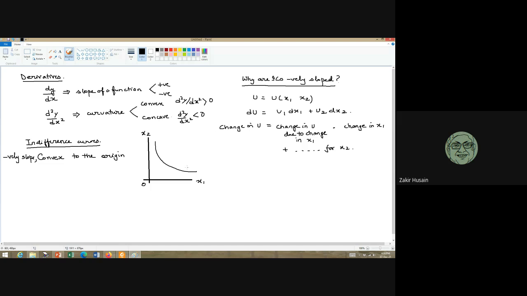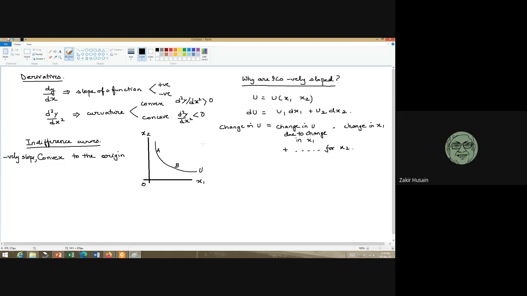Now if you move along the indifference curve, let us say we are moving from here to here. What is happening is we are increasing the consumption of x1, we are decreasing the consumption of x2. What will be the change in utility? Suppose we are moving from a point like A to a point like B. What is the change in utility?